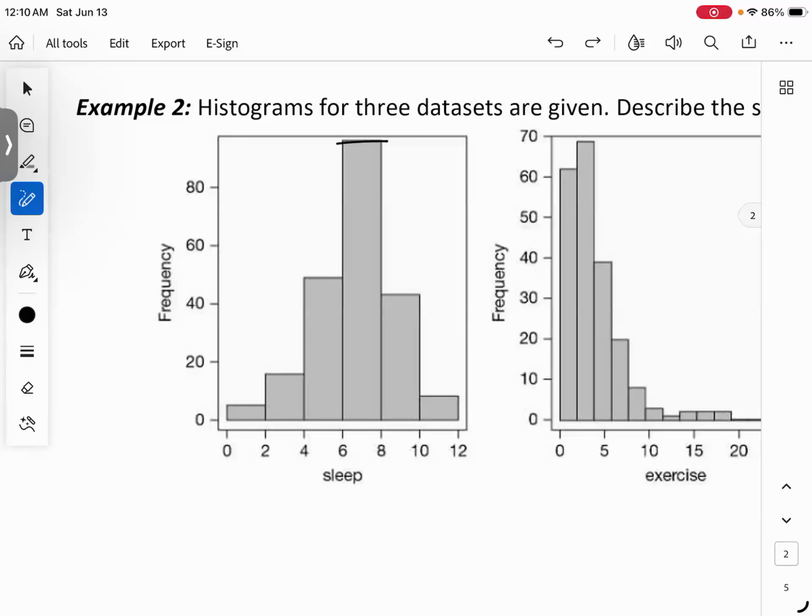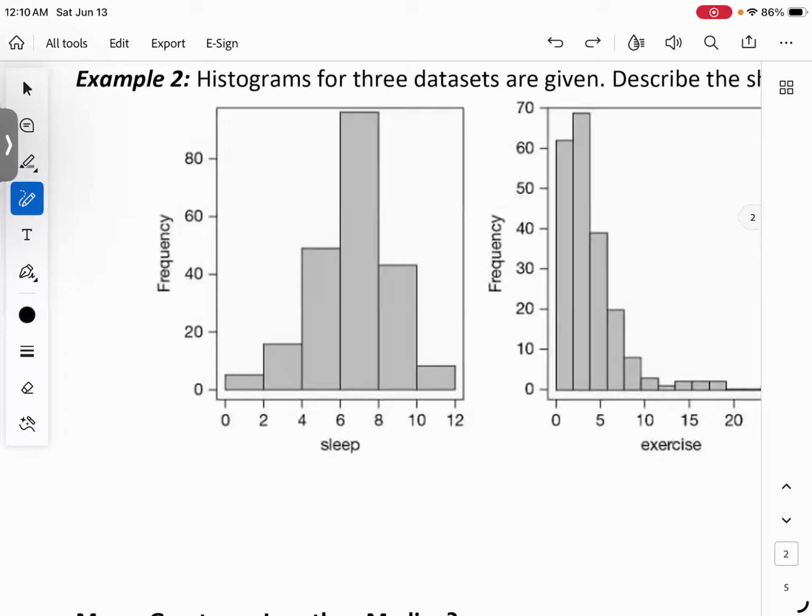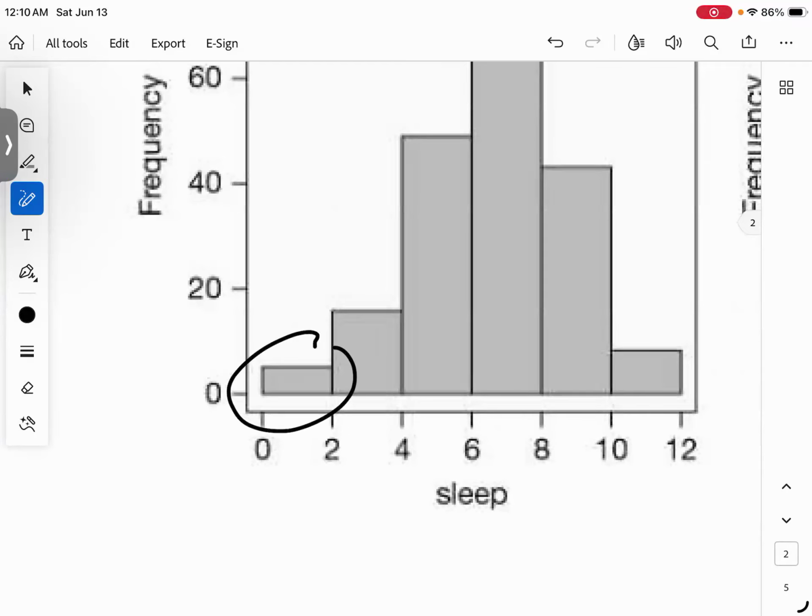Whatever number you estimate that to be, maybe close to about 100 students said they were getting about 6 to 8. But then this really small stack down here at the bottom right is so short because only about maybe 5 students who were surveyed said they're getting about 0 to 2 hours of sleep.